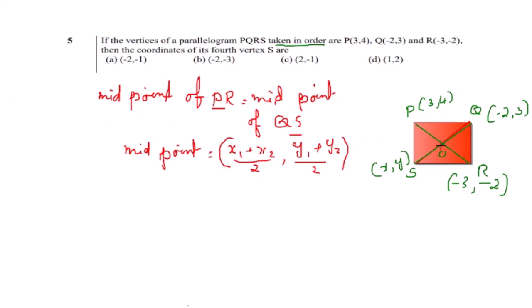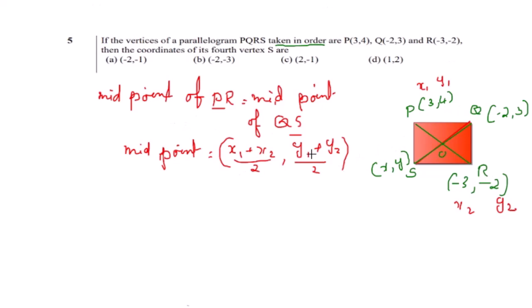So O is equal to the midpoint of PR. First we'll find the midpoint of PR. This is x1, this is y1, this is x2, y2. So x1 plus x2 is 3 plus minus 3 by 2, and y1 plus y2 is 4 plus minus 2 by 2.